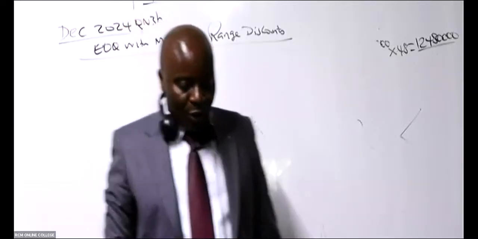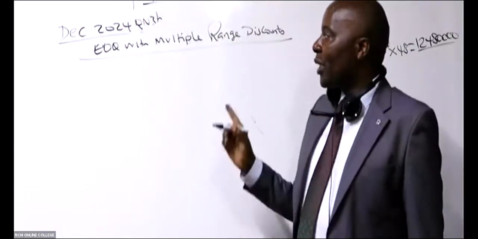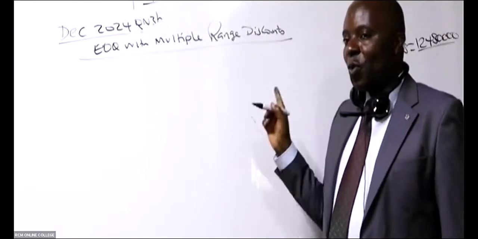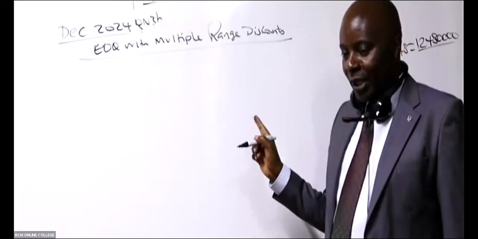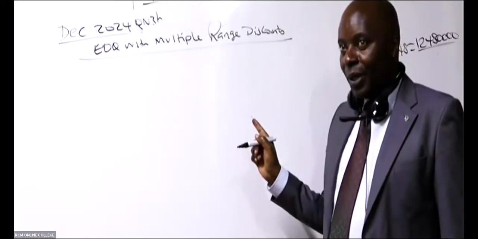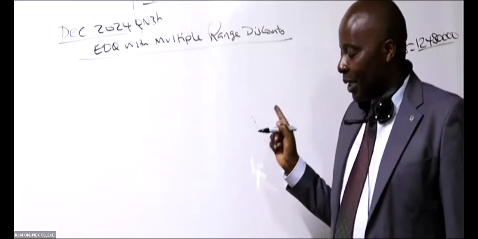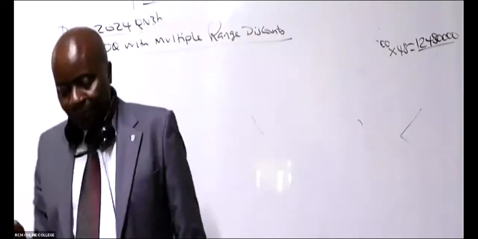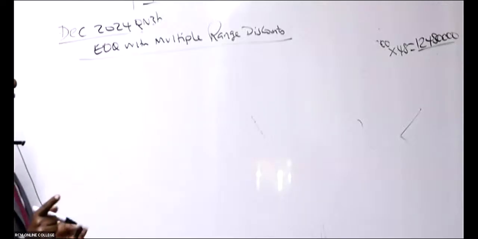EOQ stands for economic order quantity with multiple range discounts. They brought this in April 2025, and it really disturbed those students who are not very serious. Otherwise, if you are serious, this is a very simple thing.